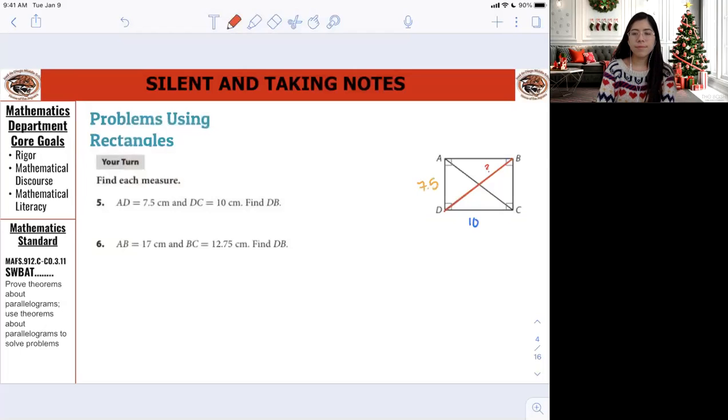We're trying to figure out how long is DB. Is there anything else I know about this triangle that I can fill in?